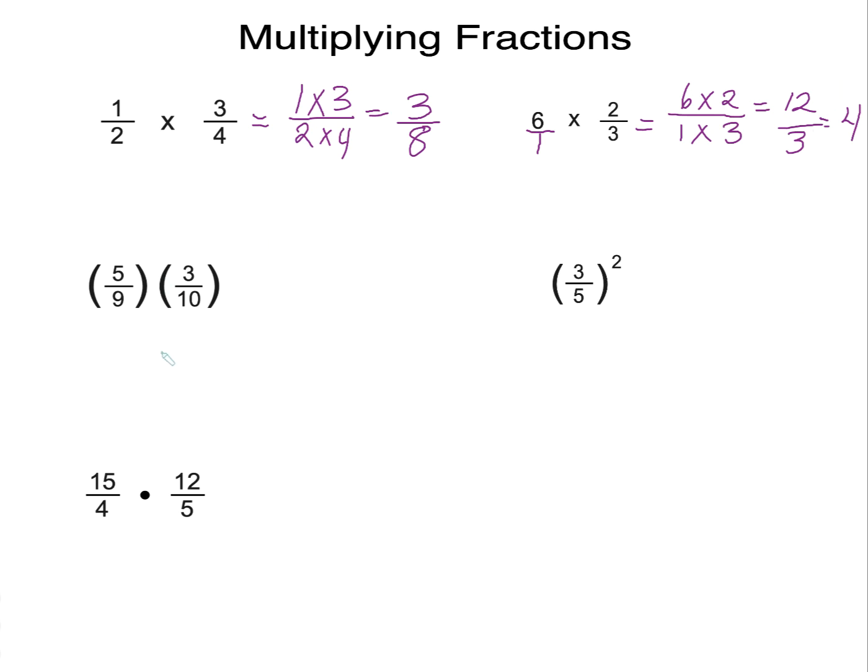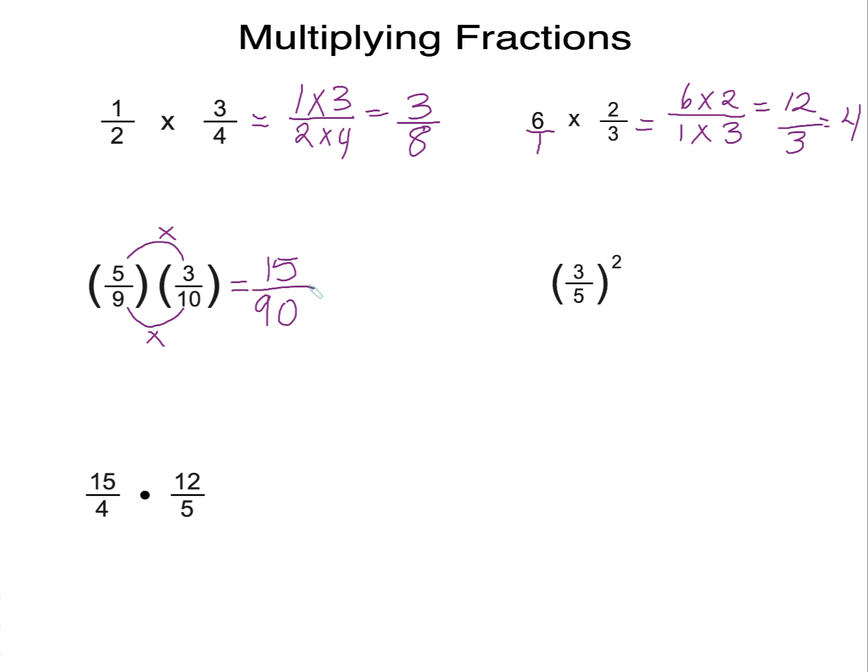Now, sometimes with multiplication, they like to use parentheses. This means multiplication. So again, we're going to go straight across. We multiply 5 times 3, which is 15. Coming to the denominators, 9 times 10 is 90. Now I have 15 and 90.